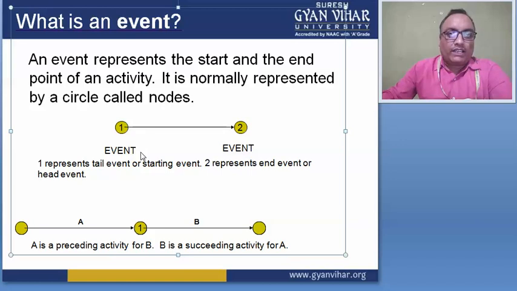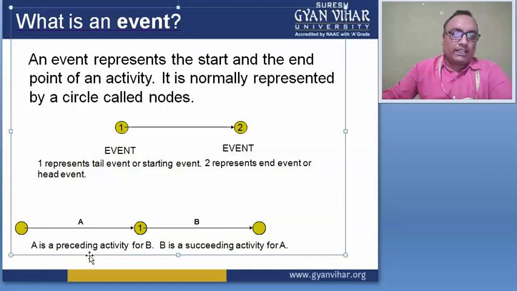An event represents the start and end point of an activity. Suppose in this case, A is an activity and B is another activity.